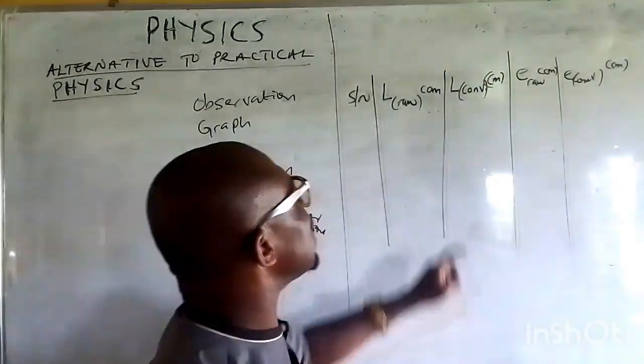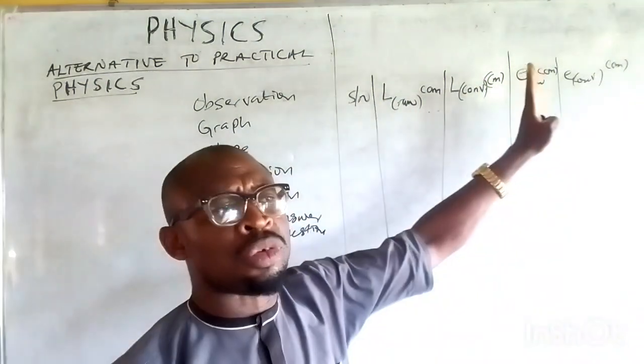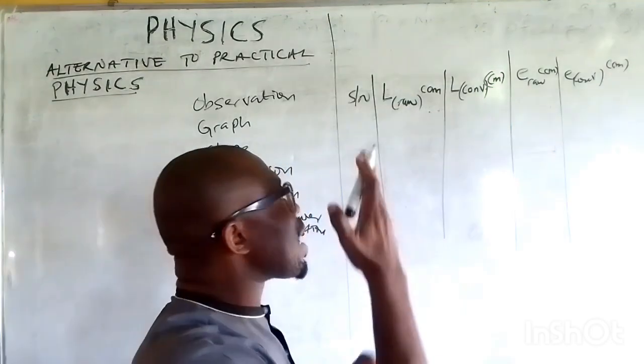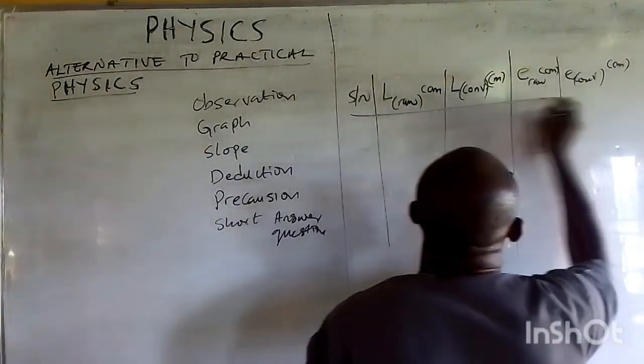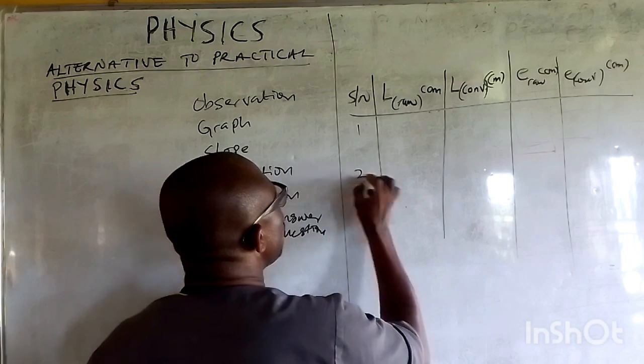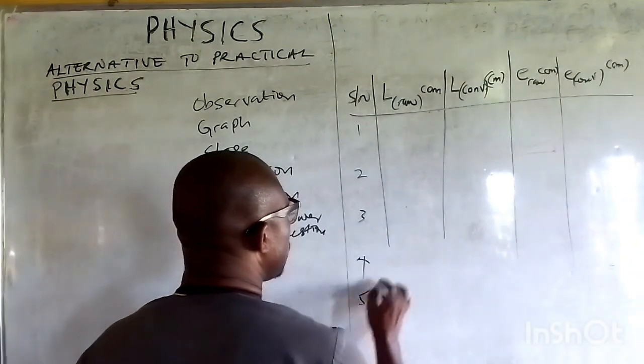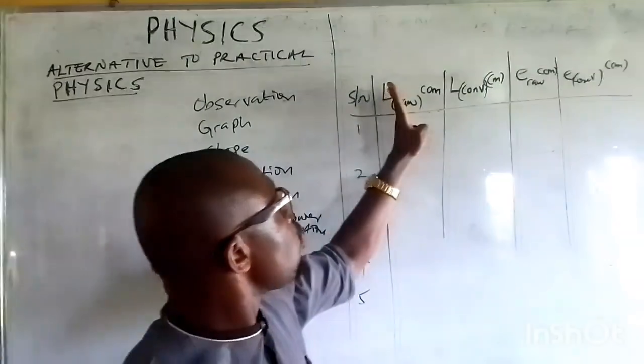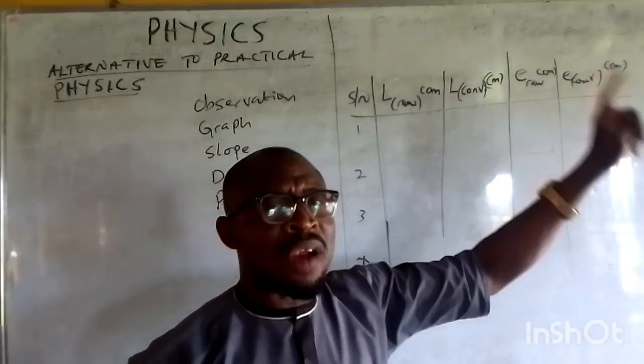So for each of these variables, as you go through, please create a table. Your table must be clearly written. Now, number 1, 2, 3, 4, maybe number 5 here. Make sure their SI units are written.